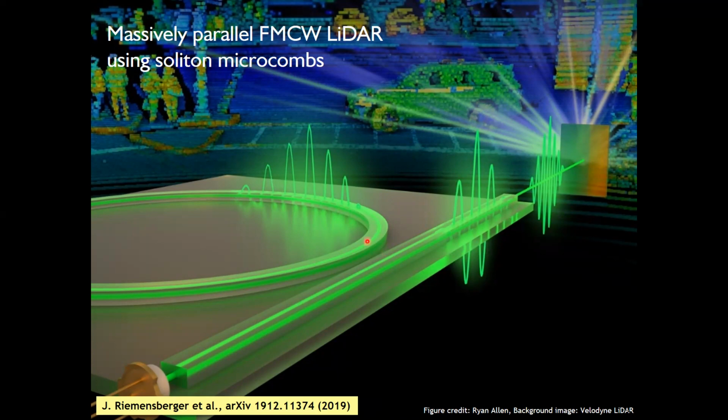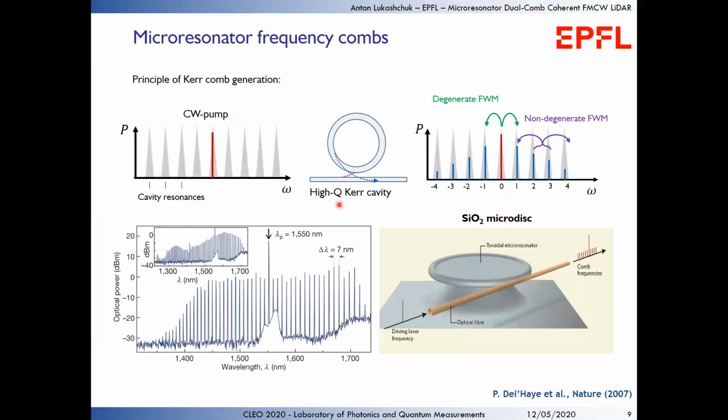Before I explain to you how it works, let me briefly dive into the frequency comb subject. To obtain a frequency comb, you need a strong enough continuous wave pump and a high quality microresonator with Kerr nonlinearity. Due to this Kerr nonlinearity mediated interaction of light and media, you can have four-wave mixing.